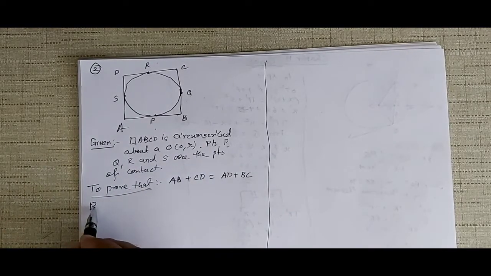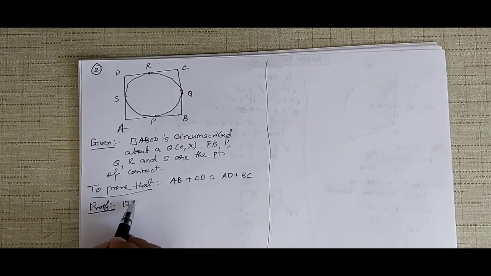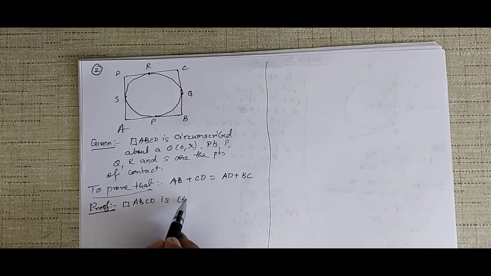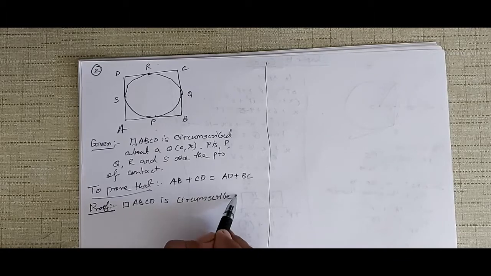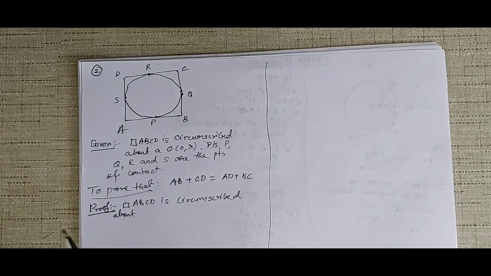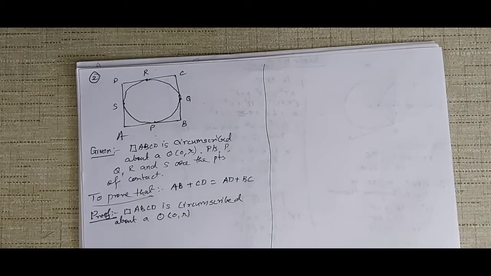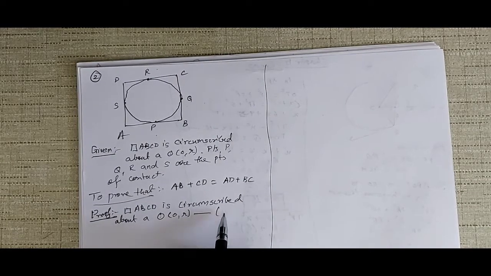Now proof. Quadrilateral ABCD, start with what is given, is circumscribed. Circumscribed means outside: the quadrilateral is outside, the circle is inside. So it is circumscribed about a circle with center O and radius R. This is given.